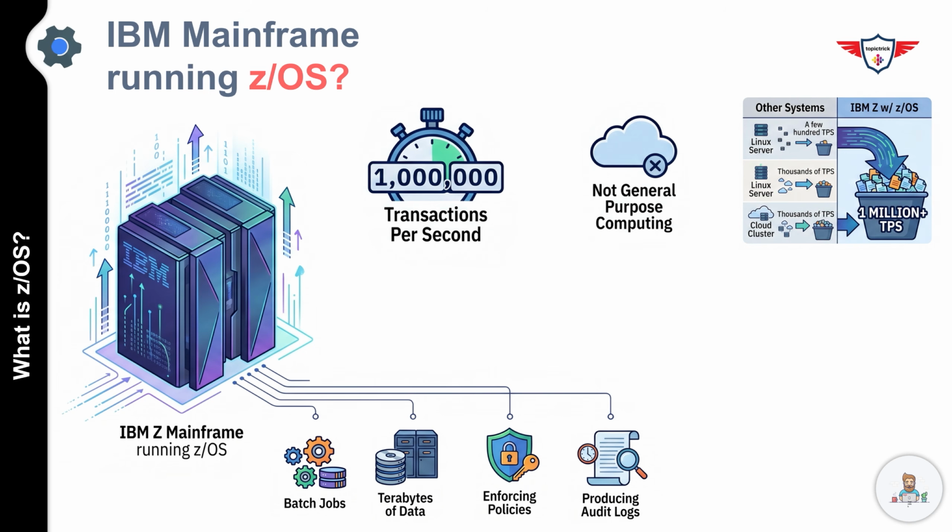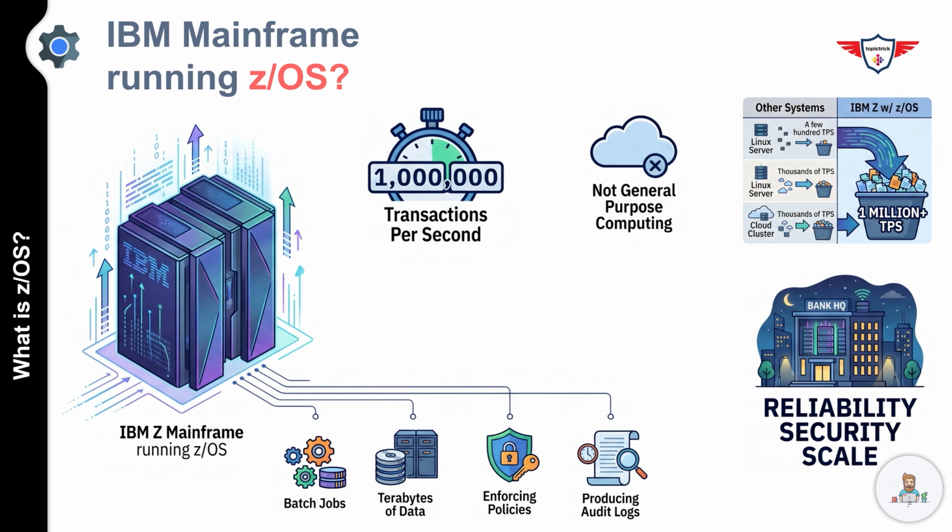That means one machine, 1 million transactions per second. And while it's doing that, it is also running batch jobs in the background, managing terabytes of data, enforcing security policies, and producing audit logs for everything that happens. This is what z/OS is built for.